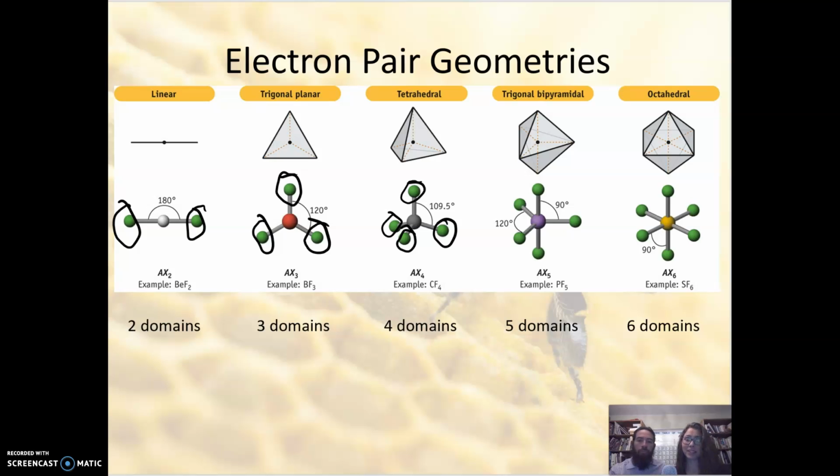The 4th one that we need you to learn is called trigonal bipyramidal, and we have two 3-sided pyramids kind of on top of each other. So we've got the triangle in the center, and then it goes to the pyramid on the top and the bottom. We have 3 pairs of electrons, in this case bonds, and they look like a trigonal planar in the middle, and then there's one sticking straight up and one going straight down.